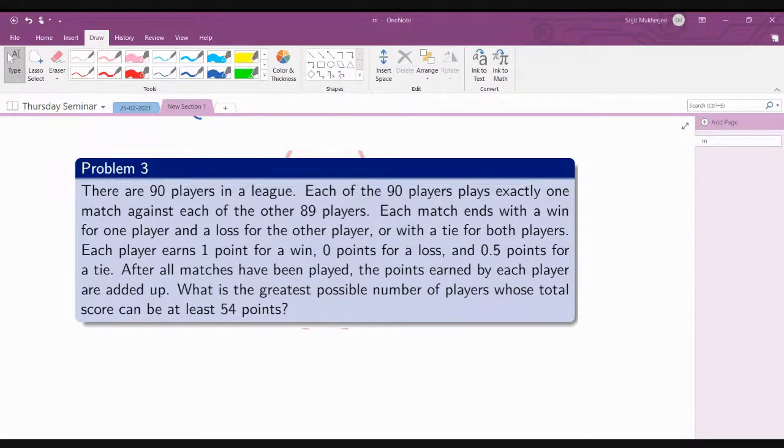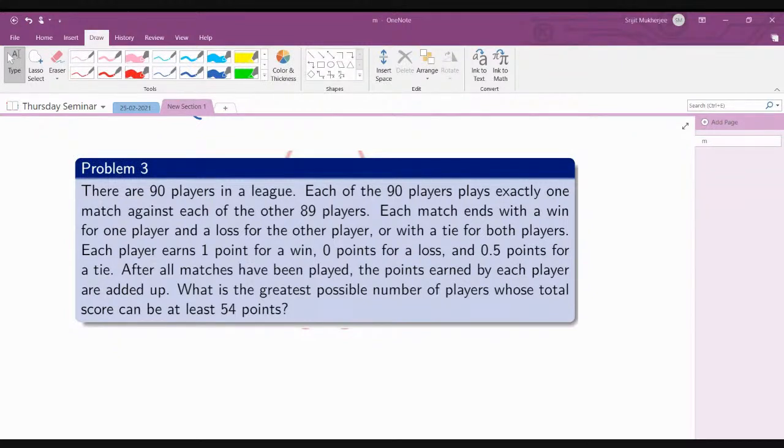Okay, so let's try this problem out, guys. So 90 players in a league. So what does the problem ask you to find?